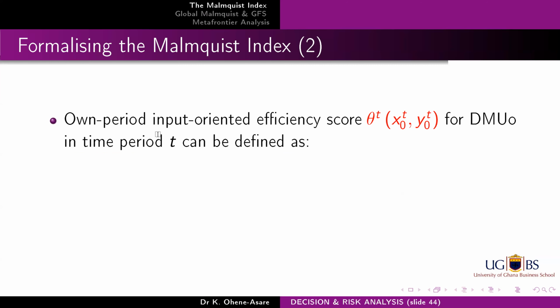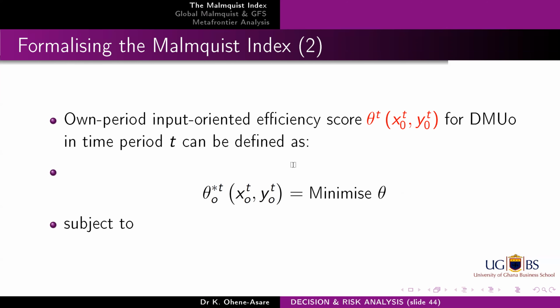So how do you now formulate the own period input-oriented efficiency score, which is theta^t(x_0, y_0)? The zero here is referring to the target DMU that you are dealing with. That's a particular DMU at a point. So if you have 100 DMUs, you've got to formulate it for each one of them. We are doing it for time period t, so this is actually own period efficiency.